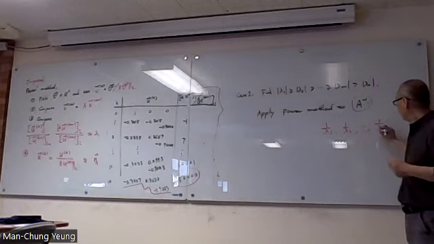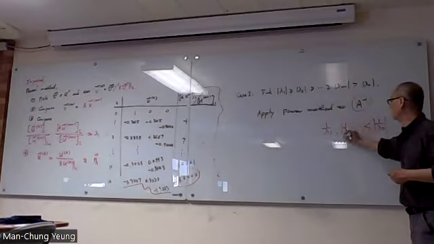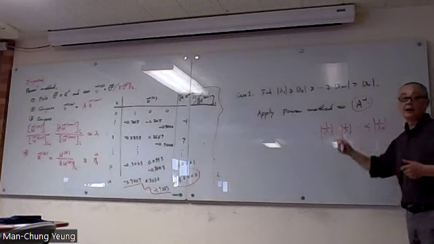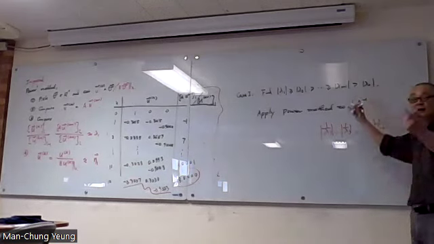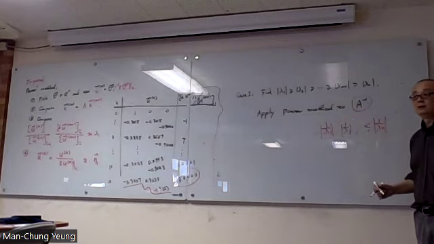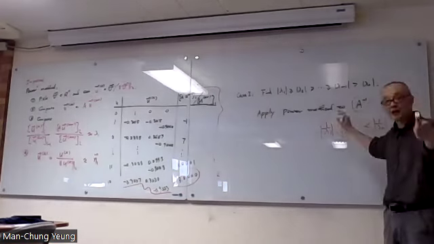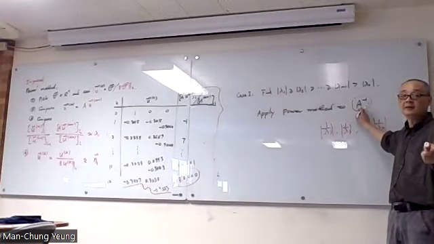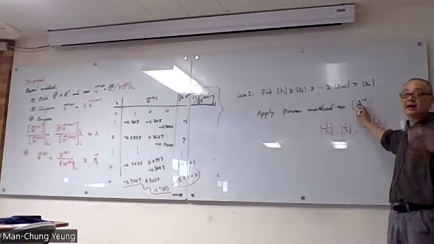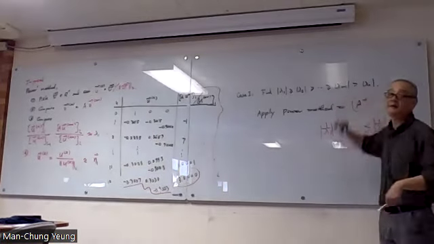Now 1 over lambda n is dominant in absolute value, because the smallest becomes the largest when you take the inverse. So you can apply the power method to this matrix to look for its largest eigenvalue. After you get it, take 1 over that eigenvalue to get the smallest eigenvalue.